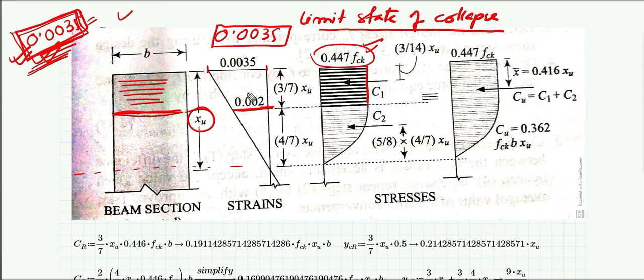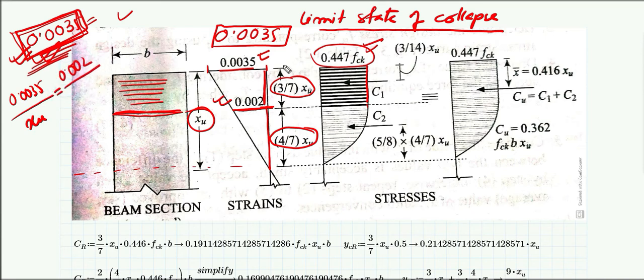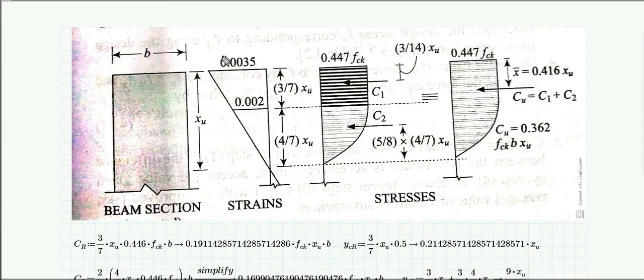Now, as these two are our criteria, 0.0035 and 0.002, from this strain diagram we can find from similar triangles that this portion is 3 by 7 xu and the portion from here to here is 4 by 7 xu. Let me show you how to take the similar triangle.